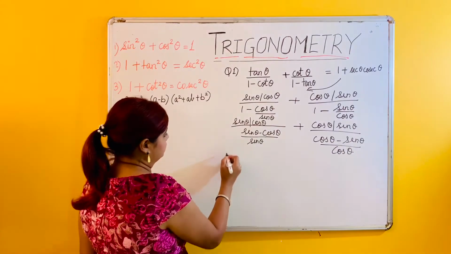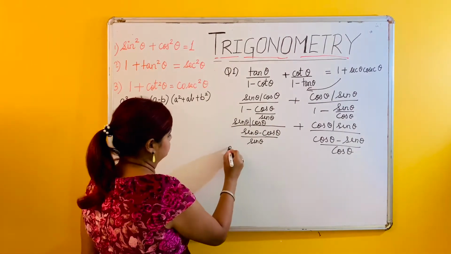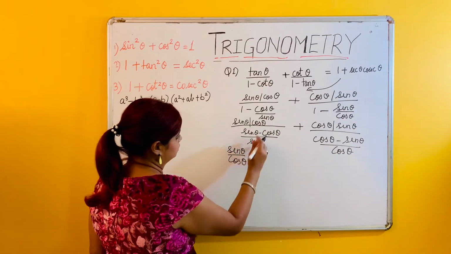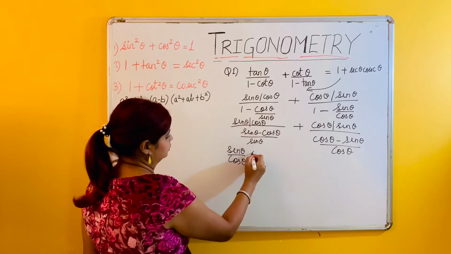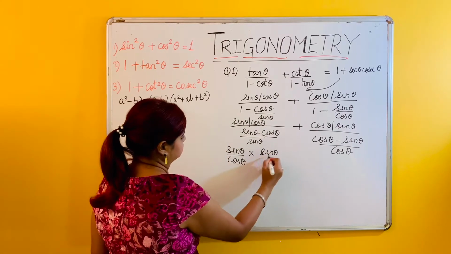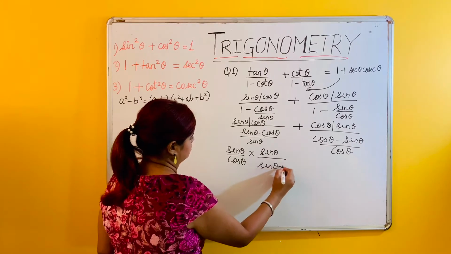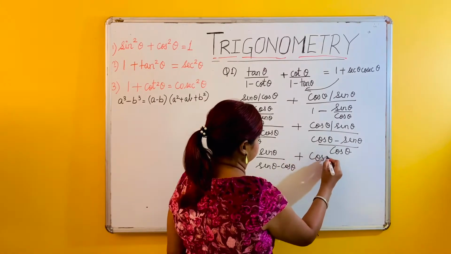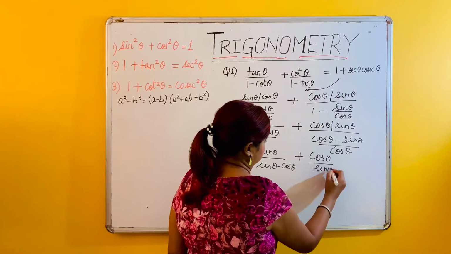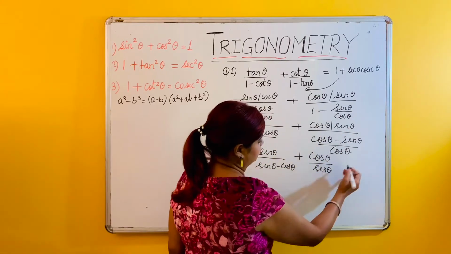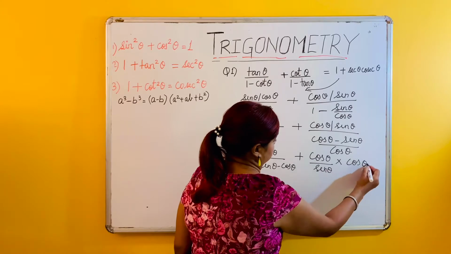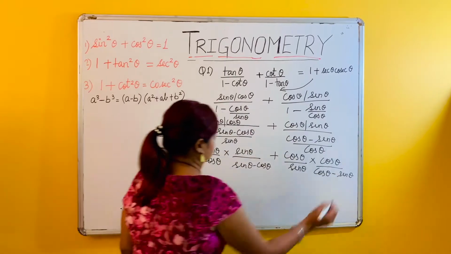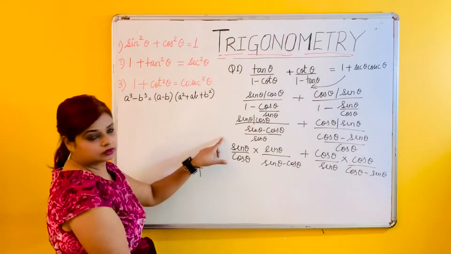So it is sine theta by cos theta divided by this. So it is sine theta, and when you do this, this one will go up, so it will become the numerator. Same thing here, it is cos theta by sine theta, and then this cos theta will go up, so it is cos theta here and cos theta minus sine theta. Okay, so we have just simplified till here.